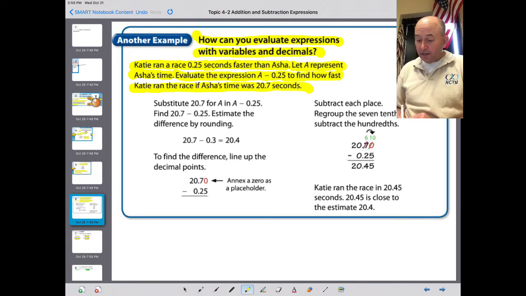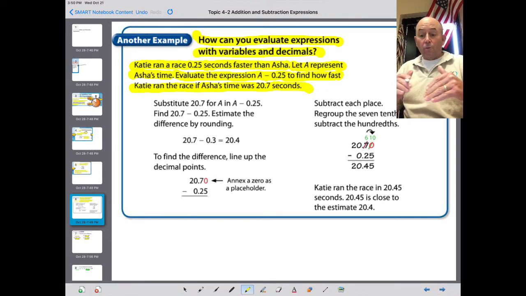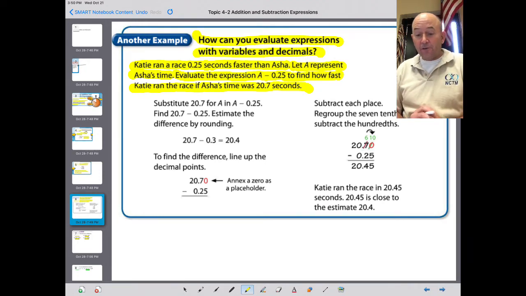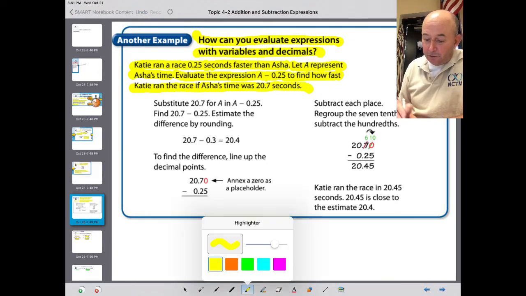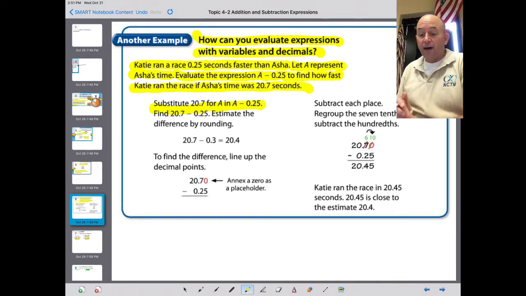Okay, so again, what they're doing now is they're using substitution for one value so that you can continue to evaluate the expression. Okay, so what you do is you substitute 20 7/10 for A in A minus 2/10.